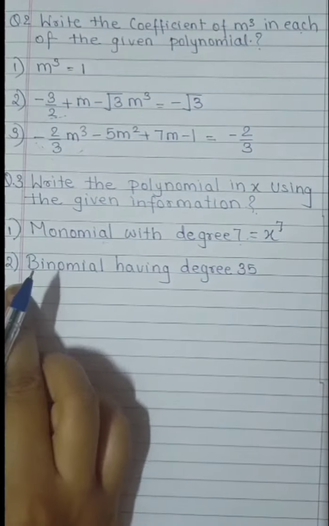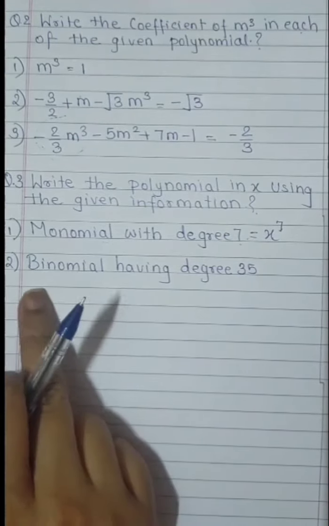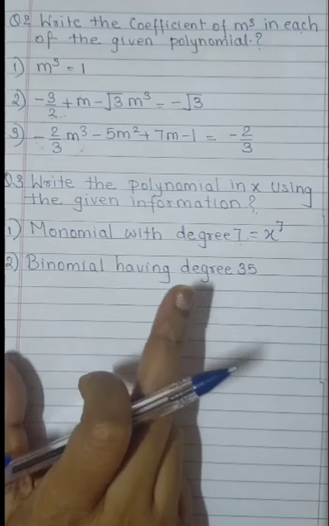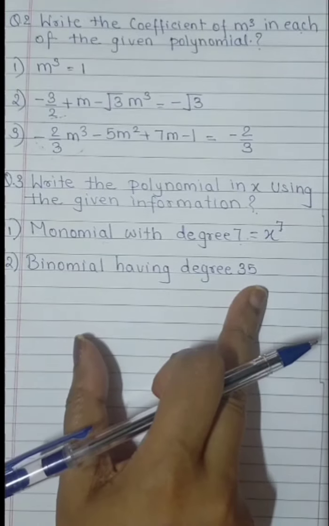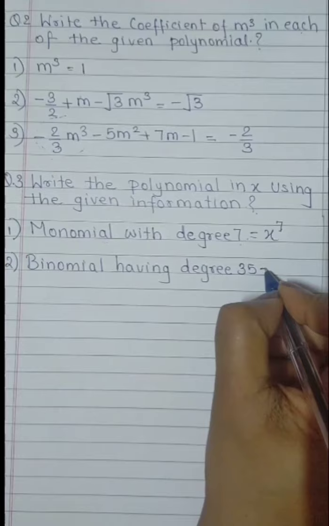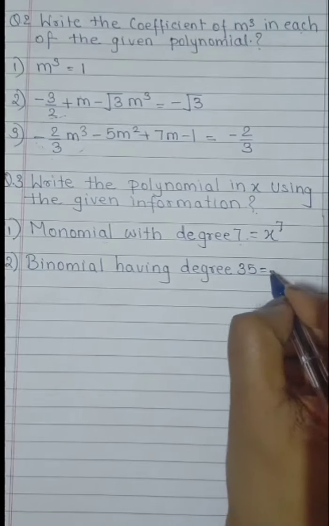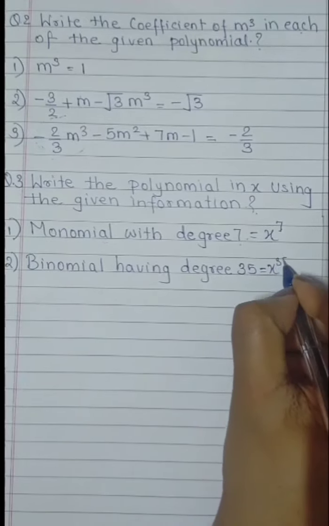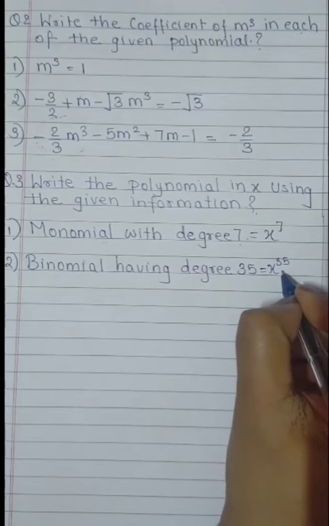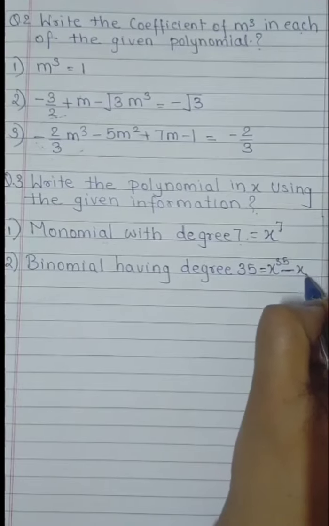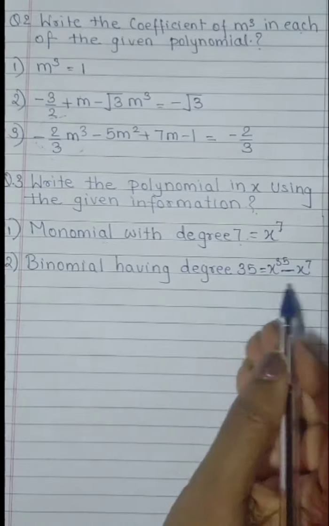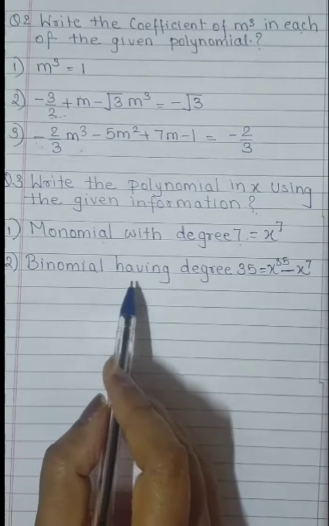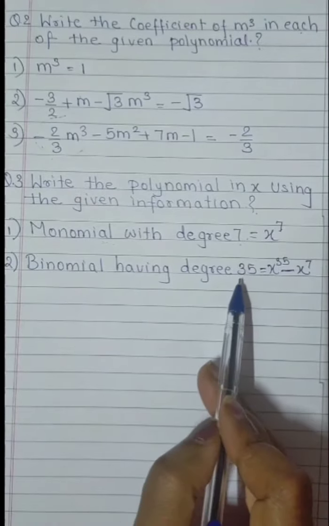So here what is next is binomial. We have to write the binomial which having degree of 35. So I am writing here, I will take x 35 minus x 7. So it is a binomial having degree 35.